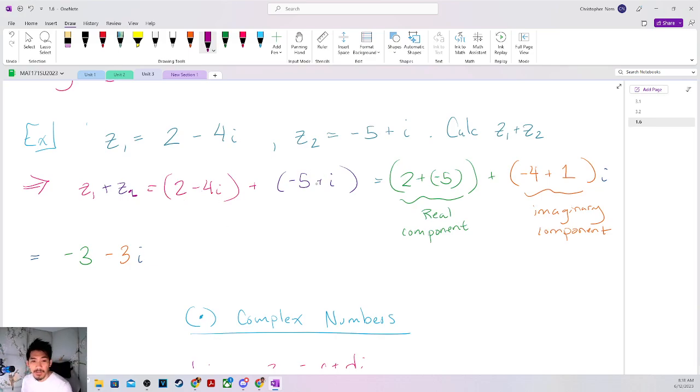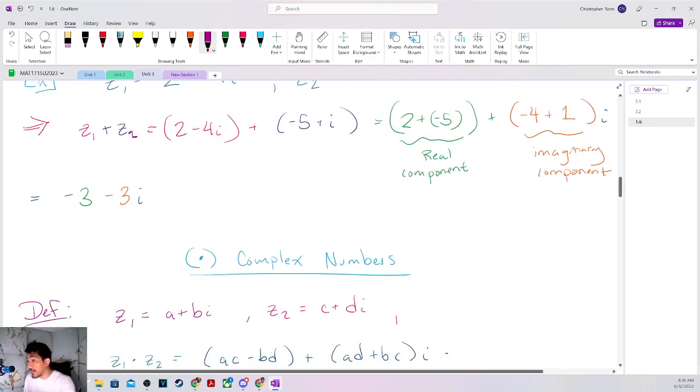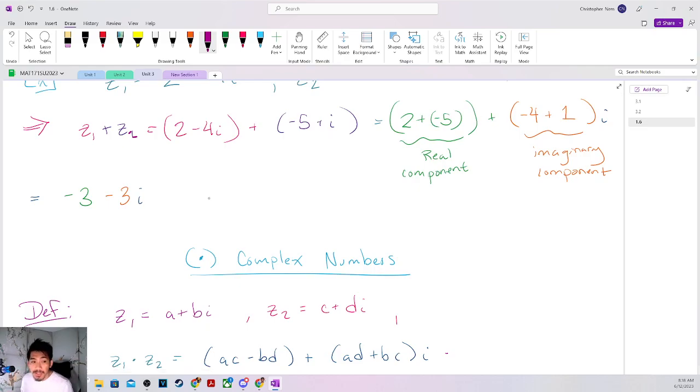So 2 plus negative 5, that's my real component. Negative 4i plus i is my imaginary component. When you add things, you just add the coefficients. It works the same way as like terms in a sense. When you do this, you get negative 3 minus 3i, that's the new complex number. That's the summation of z1 and z2.